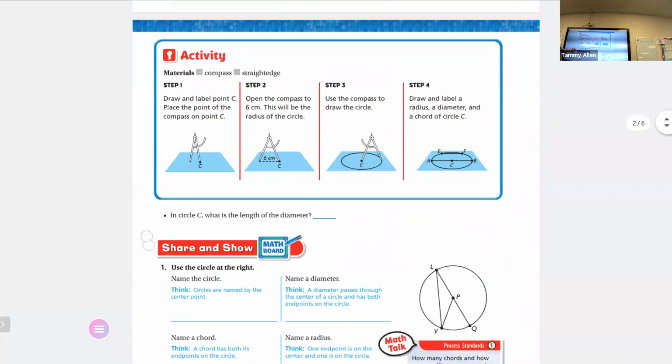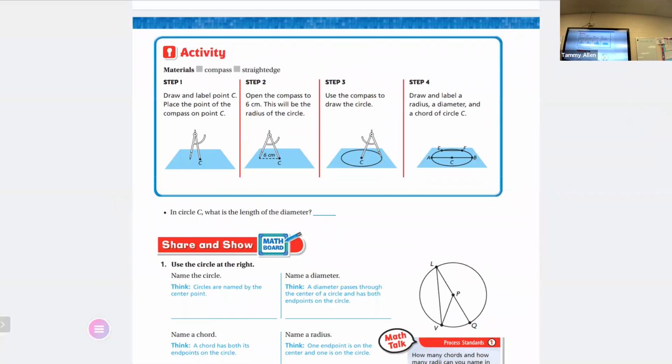Now, if you have to draw a circle, you use a compass. I'm going to tell you right now, every compass we bought for schools, they are not the most effective tools because you'd have to buy an expensive compass to make it work the best for a long time.